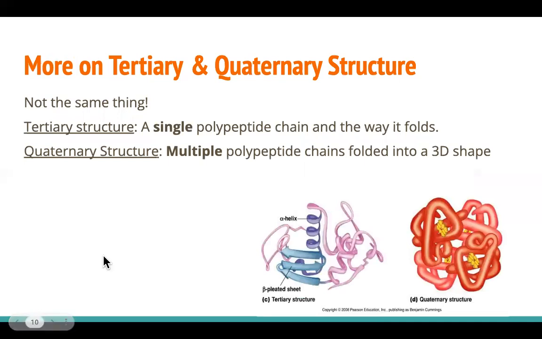Okay. So just to emphasize, because a lot of students in the beginning get confused about tertiary and quaternary and the difference between the two. A tertiary structure is a single polypeptide chain and it folds on itself, whereas quaternary structure has multiple polypeptide chains, and those multiple ones can bond with each other.